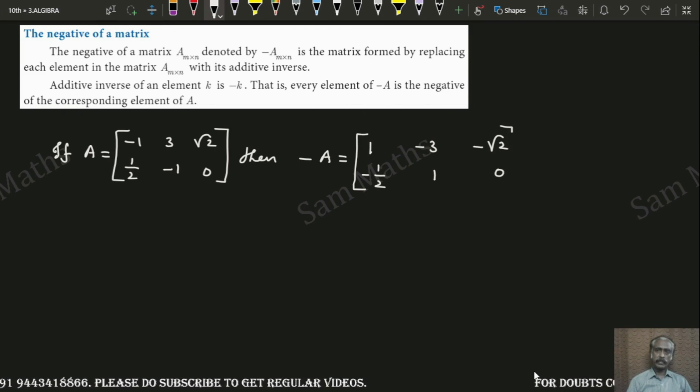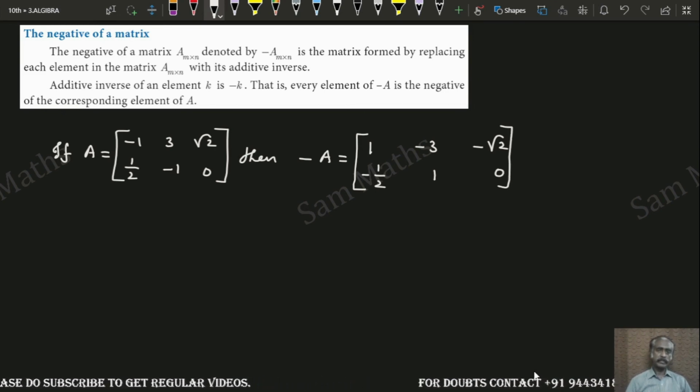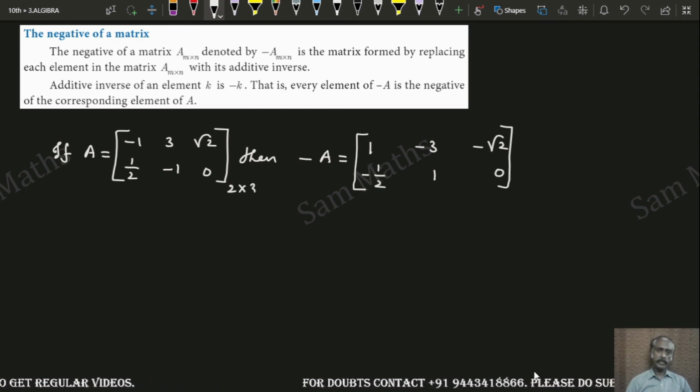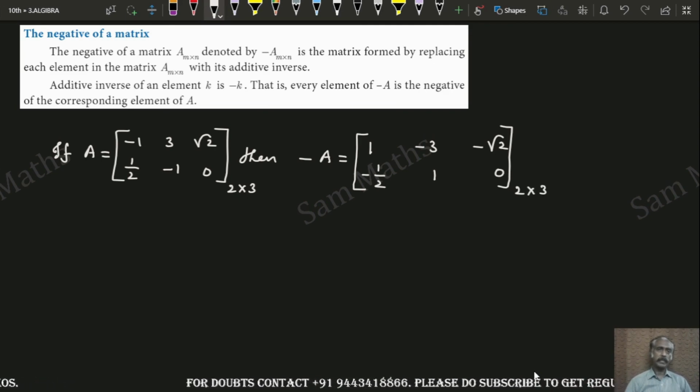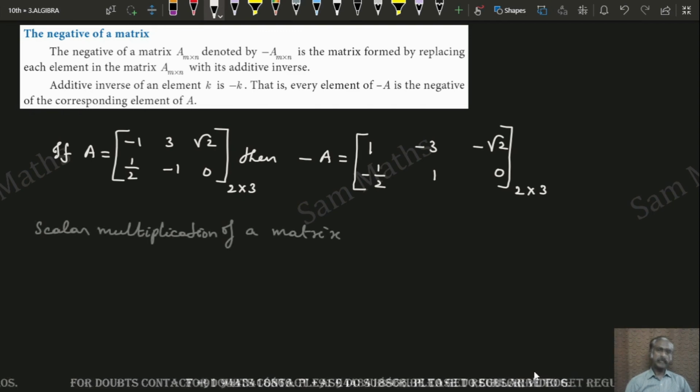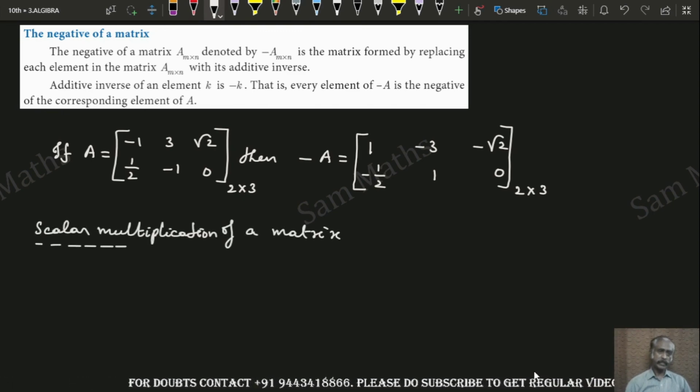This is the required negative of the matrix. Both are of the same order. A is 2 by 3 and minus A is also 2 by 3. Make it very clear.